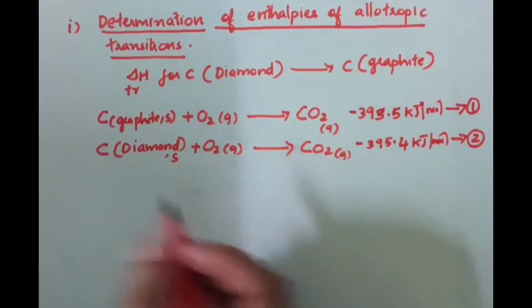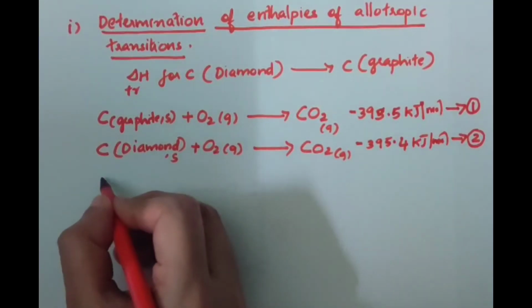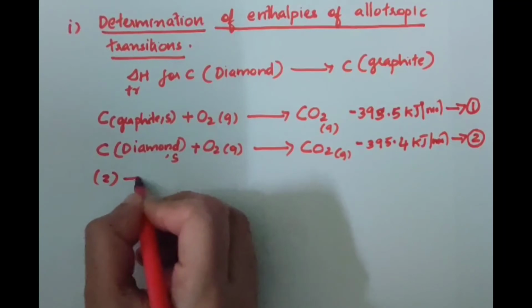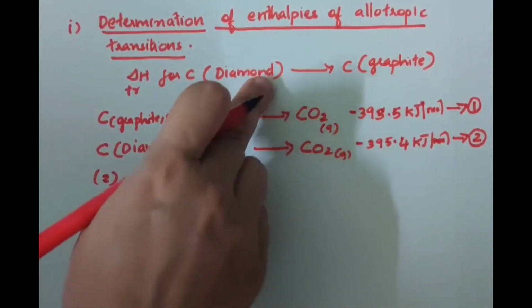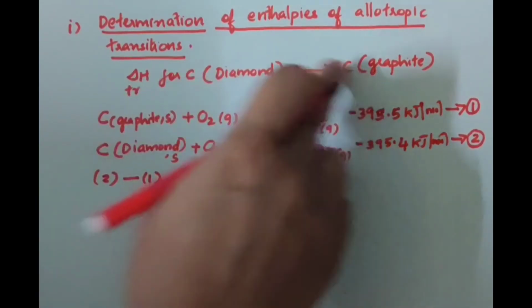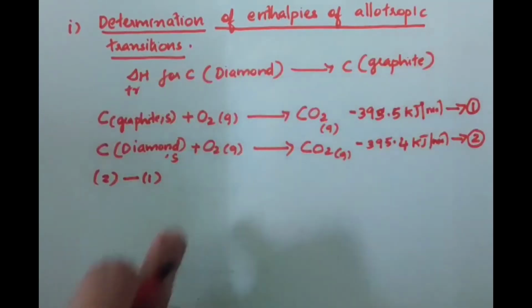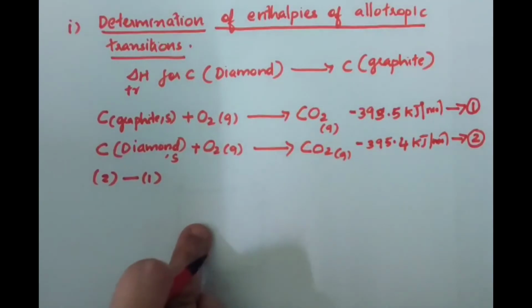Now, equation number 2 minus 1 gives the delta H transition value for this allotropic transition.